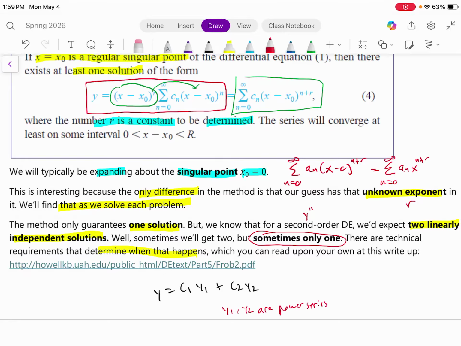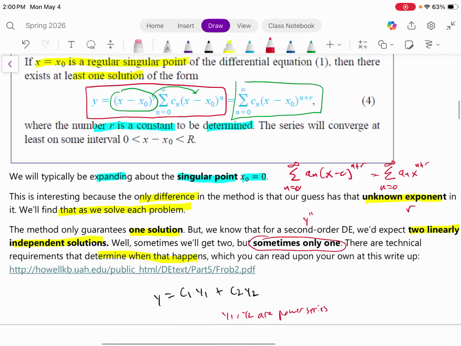Okay, so that would be our general solution. But that's the setup. We're introducing the Frobenius method. We're introducing what our expansion would be for our solution. And we would go ahead and start solving these, okay?